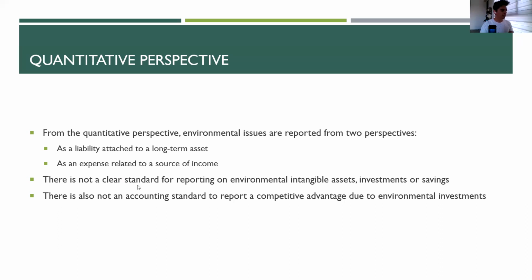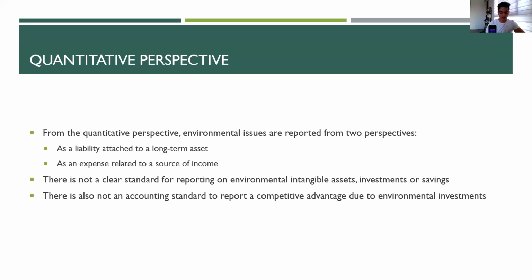And another important thing, or maybe this is like a critique: there is not a specific accounting standard for reporting on environmental intangible assets, for example, or investments or savings.